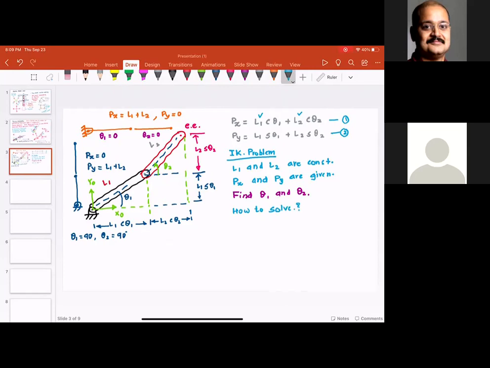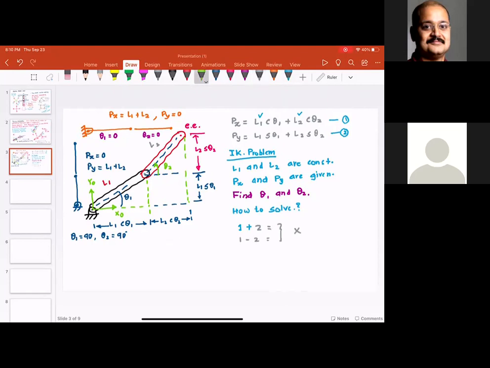Can we somehow add these or subtract these and try to get the answers? Unfortunately, if you try to solve this with an algebraic technique, you cannot add equation 1 plus equation 2, or subtract 1 minus 2 and do mathematical jugglery here. That will not give you a satisfactory answer.